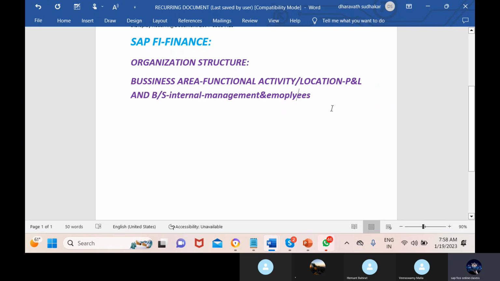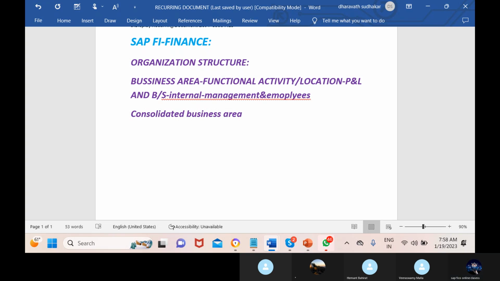Now, for a single company code, we define two business areas. For a company, we can have a number of business areas. So, in order to take decisions internally at company level, we prepare a consolidated business area.